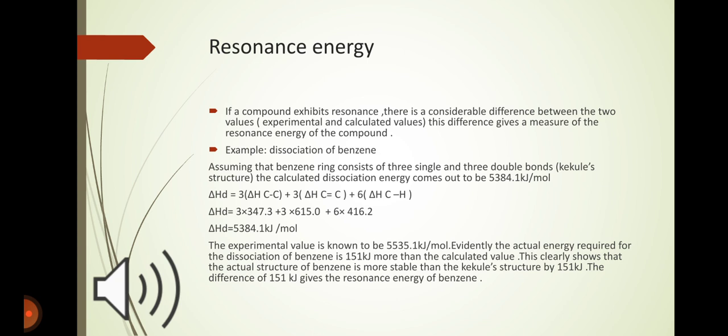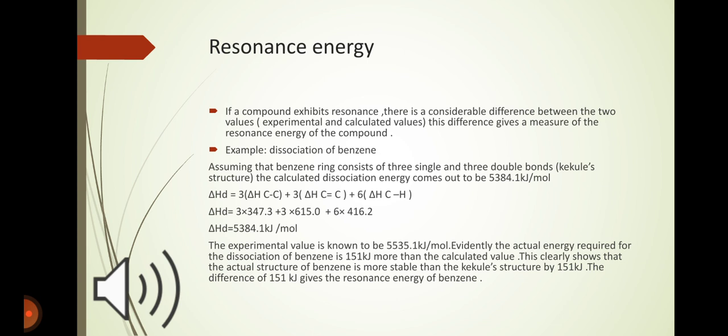Assuming that the benzene ring consists of 3 single and 3 double bonds according to the Kekulé structure, the calculated dissociation energy comes out to be 5384.1 kilojoule per mole.